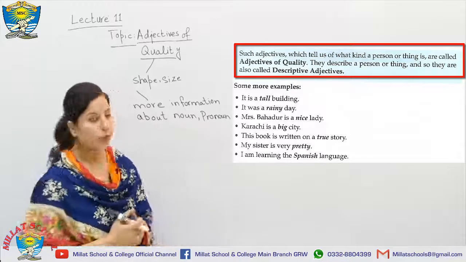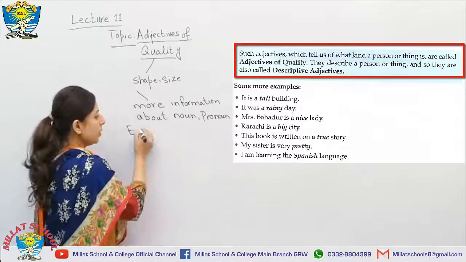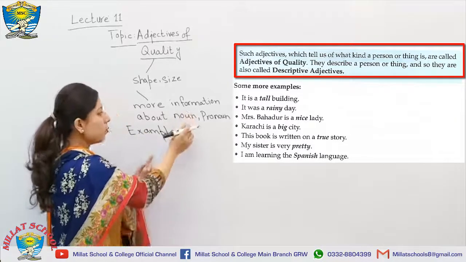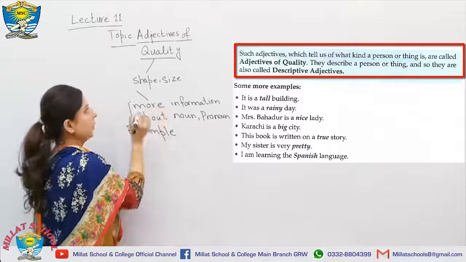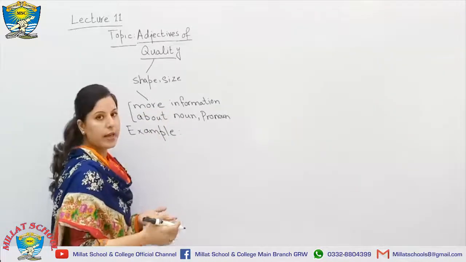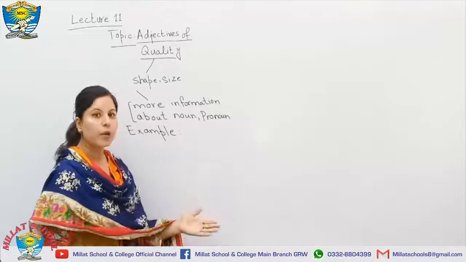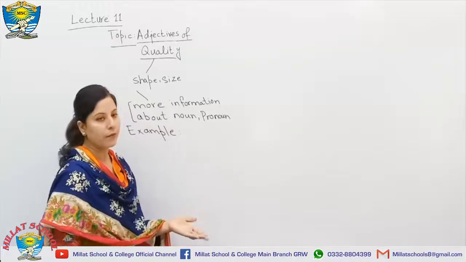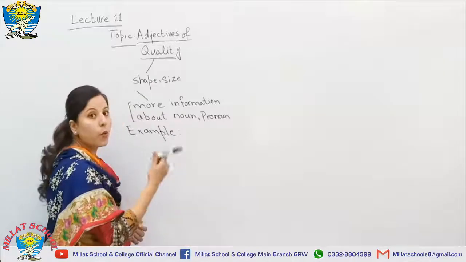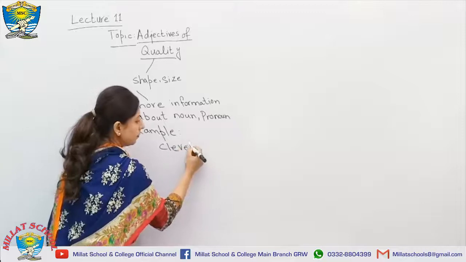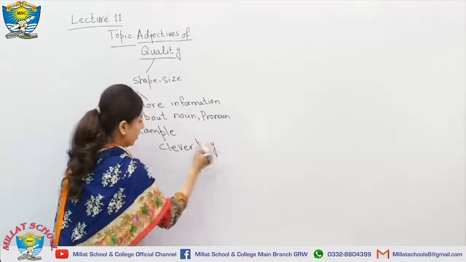From these things we are easily able to judge some examples. Like if I use this category of quality, I would describe a boy as clever, which we have read before in the previous chapter, that he was a clever boy or he is a clever boy. So this is going to be the quality of a boy, that he is a clever boy.